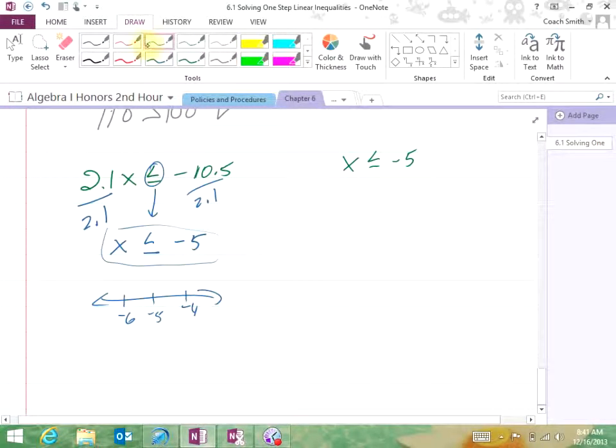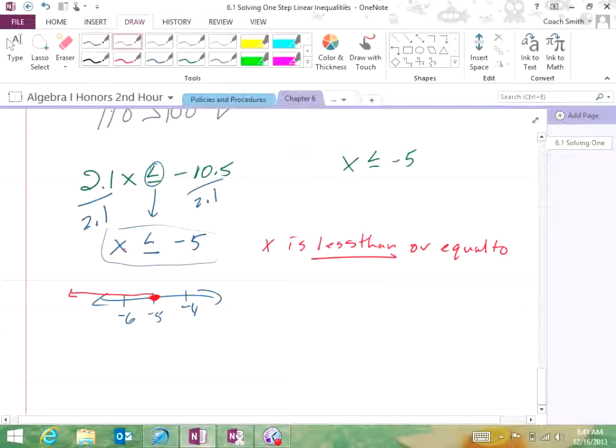X is less than or equal to, so that one would be right here, and it would go to the left because of the words less than.